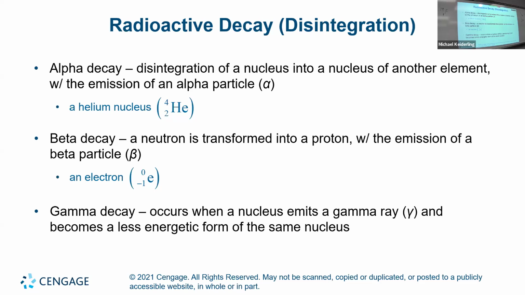If they get inside your body, they do a whole lot of damage. But outside your body, they're basically stopped by the air and your skin. Beta decay is a process where a neutron is transformed into a proton with the emission of a beta particle.